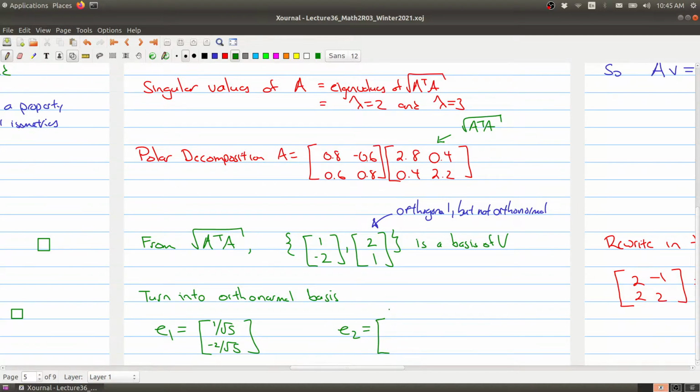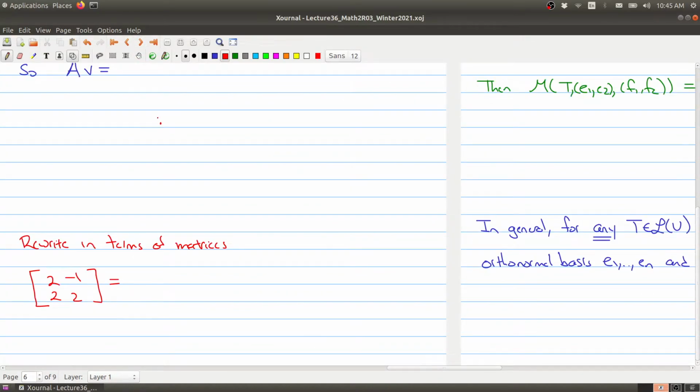And then e2 is 2 over the square root of 5 and 1 over the square root of 5. So this is our first orthonormal basis.